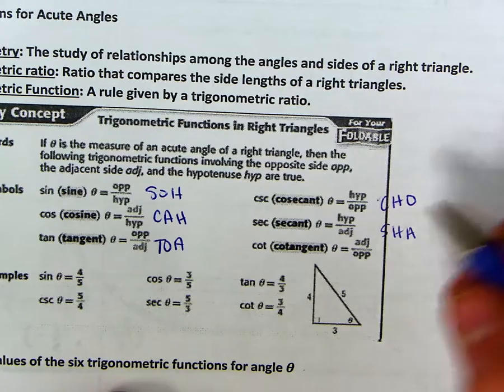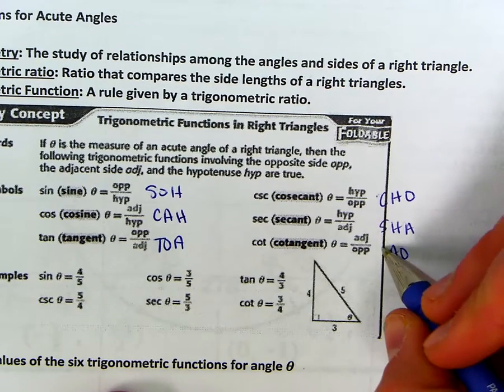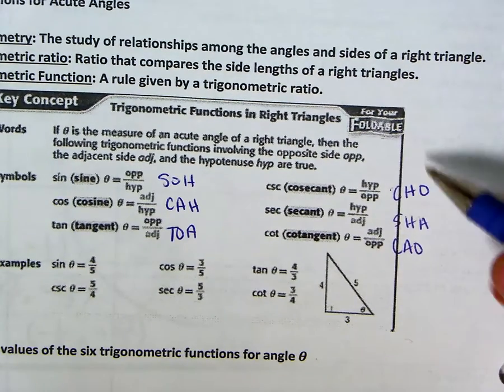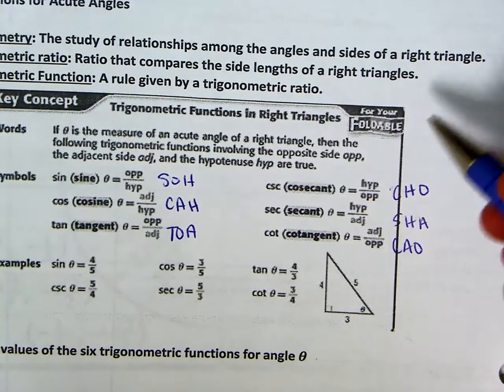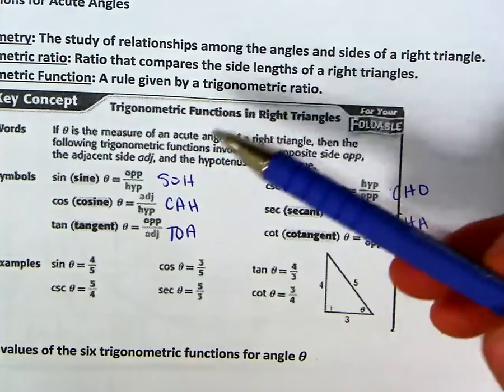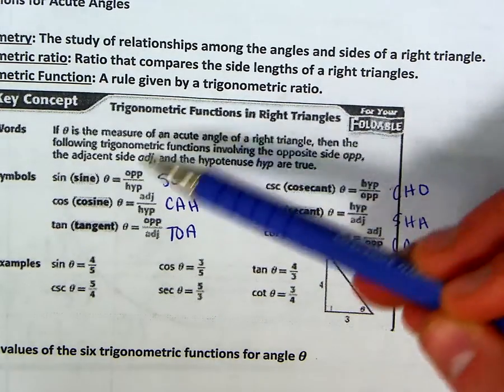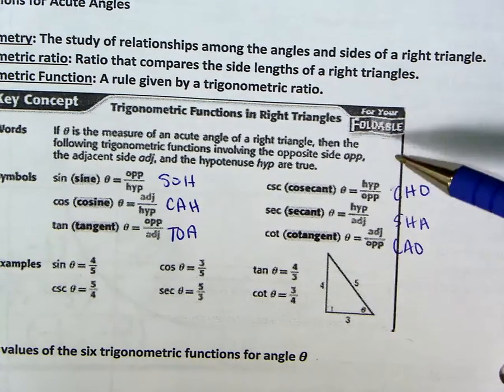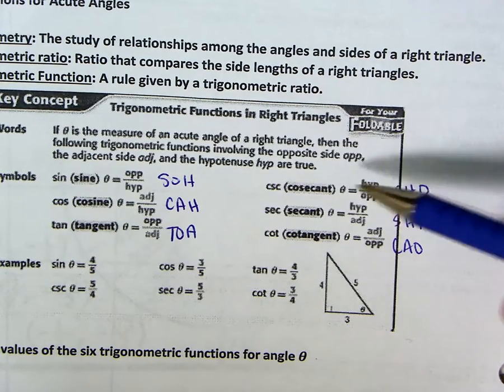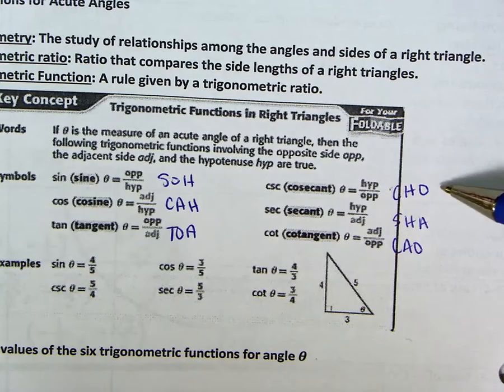And then you have cotangent, which is AO. I don't really want to put anything in front of there because I don't want to screw you up with what cosine and tangent are. This is what you know: remember the sine, cosine, tangent. You just know that cosecant is hypotenuse over opposite, secant, hypotenuse over adjacent, and then cotangent is adjacent over opposite.